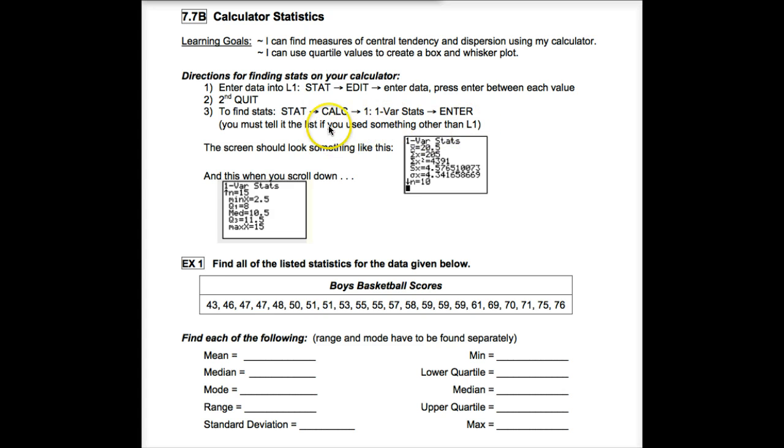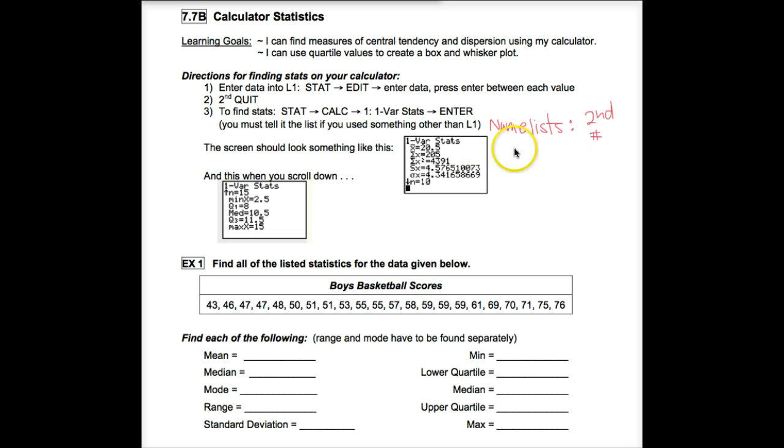So if you're using something other than your first list, you would need to tell it that, and you can name the list a couple different ways, but the easiest way is to press the second button and then whichever number it is. If you want it to say L1, press second 1. If you want it to say L2, press second 2.